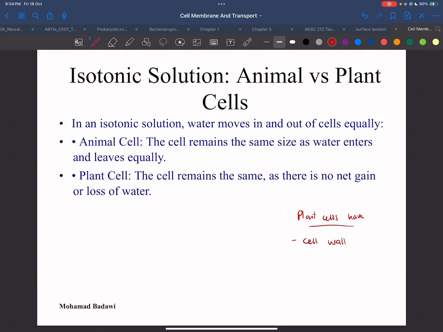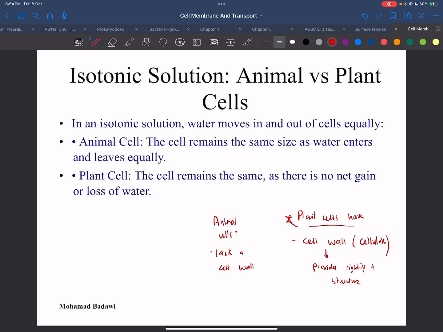This cell wall is made of cellulose. What does this cell wall provide? We said this cell wall provides rigidity and structure. This is very important to know, and we'll see why. While animal cells, do they have a cell wall? No, they do not. They lack a cell wall.